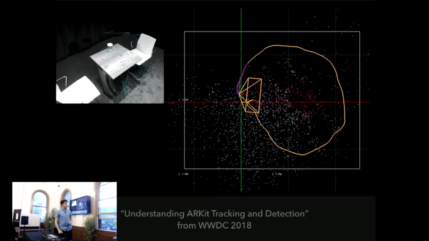Here, for example, is a screenshot from the Understanding ARKit Tracking and Detection talk from WWDC 2018. You can see on the screenshot how this app has collected the path that the camera was moving in and the raw feature points that the algorithms have detected in the scene. And that's just a feed from the camera with some overlays.